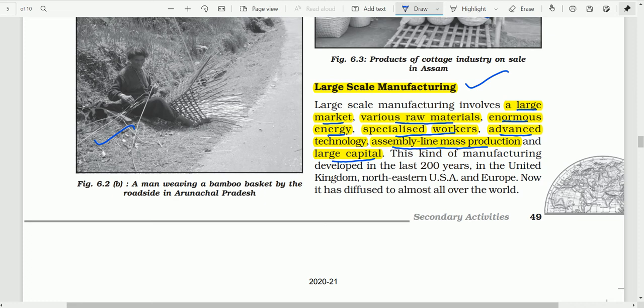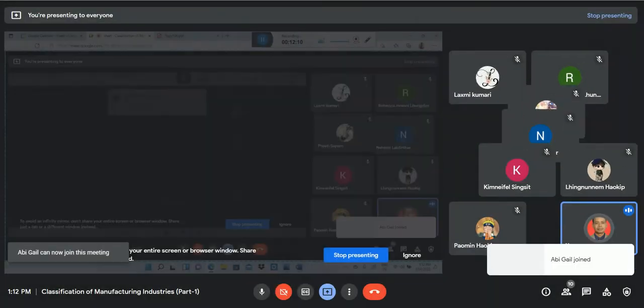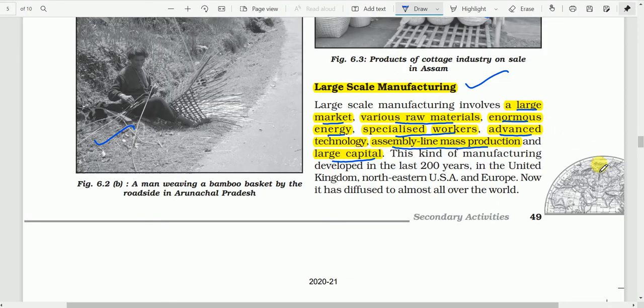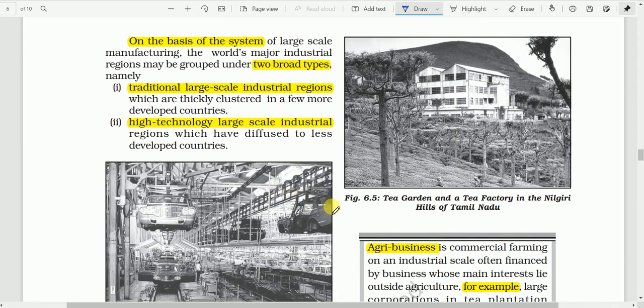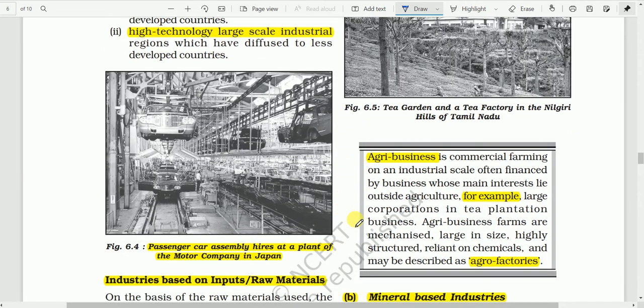So this kind of manufacturing developed in the last 200 years, in the United Kingdom, then northeastern USA, Europe, and now it has diffused to different parts of the world. As you see here, figure number 6.4, this is a photograph of a large-scale manufacturing industry.